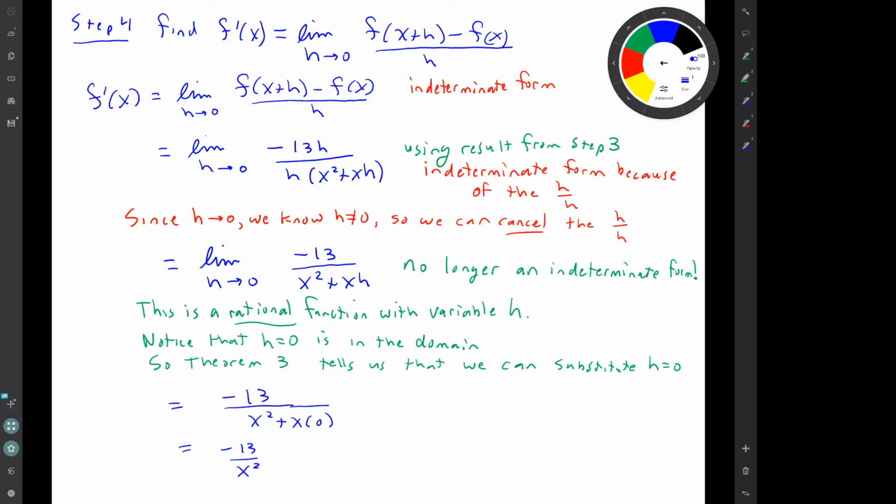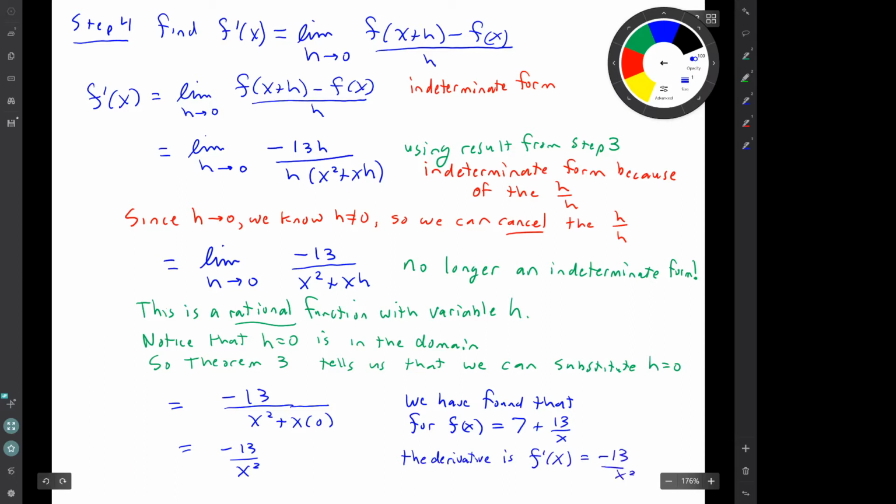So I'm going to write a little summary over to the side. Notice a couple more things about this 4th step. Notice that in all of these lines at the beginning, there was a limit sitting in front of the expression. We had not done the limit yet.